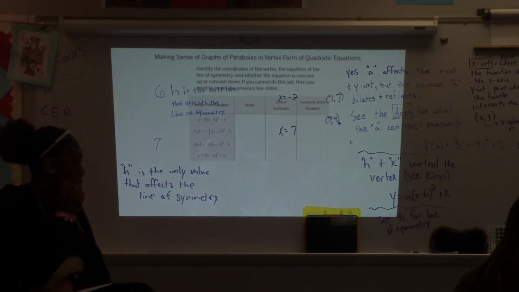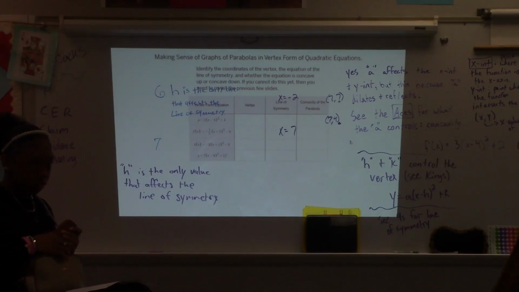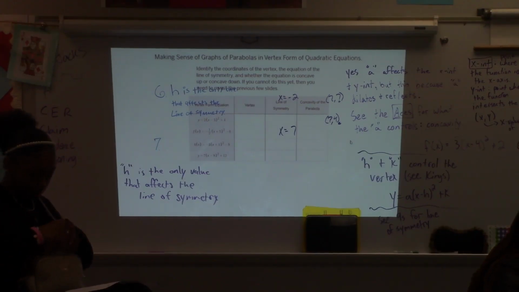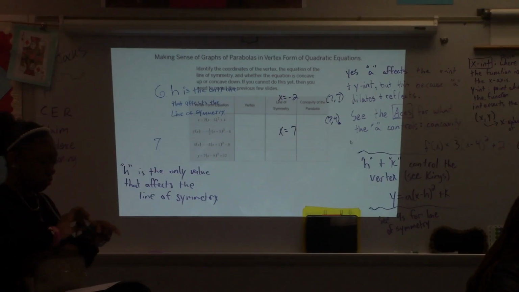And then for the line of symmetry over here at the H's. Please take your notes. When you're done with your notes, try applying that to slide 8. Okay? So once you are done with your notes, try applying this to slide 8.